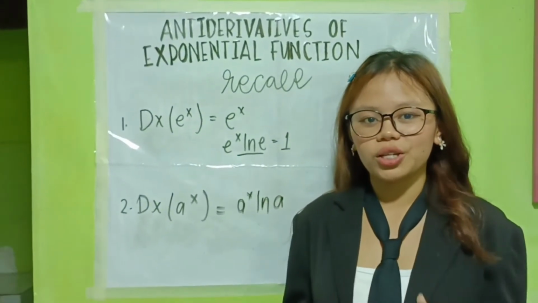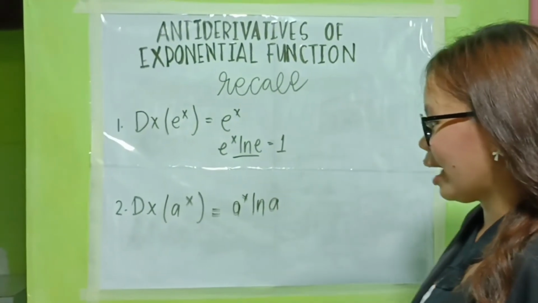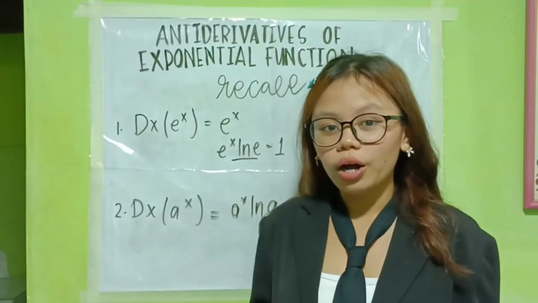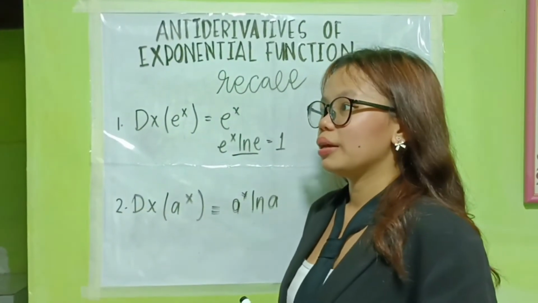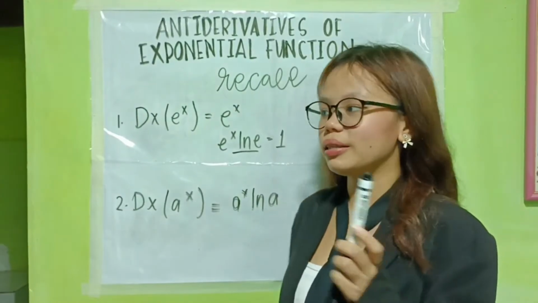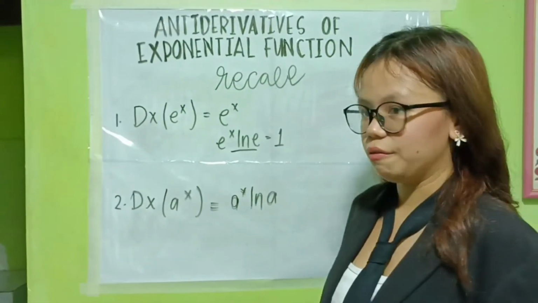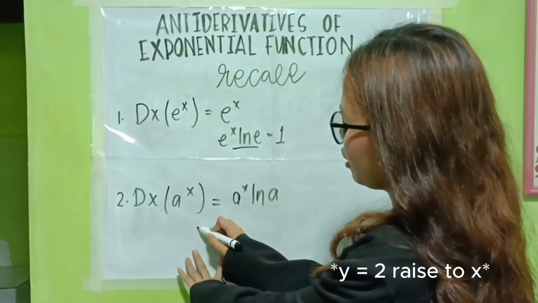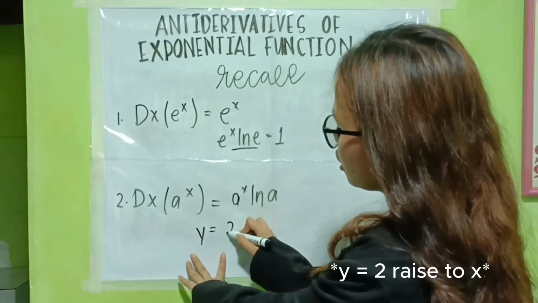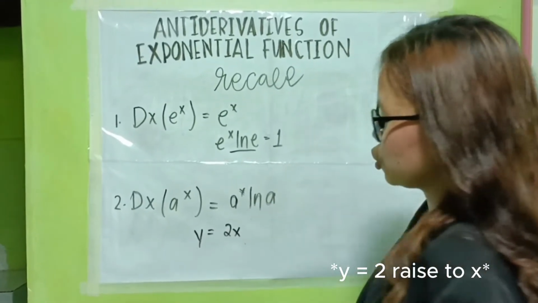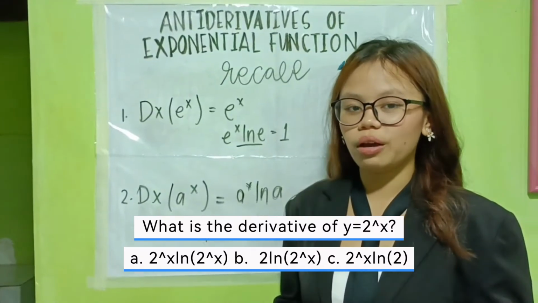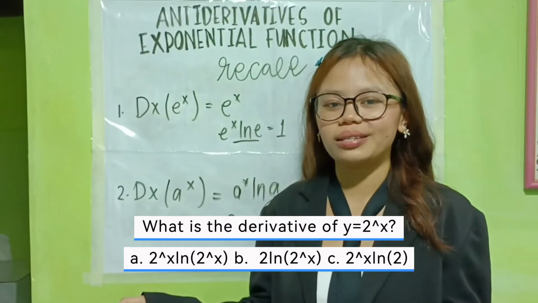For the third question, I will give an example and everyone will give their answer on what its derivative is. Our example here is y equals 2 raised to x. You can pause the video if you want to answer and look at the choices below.